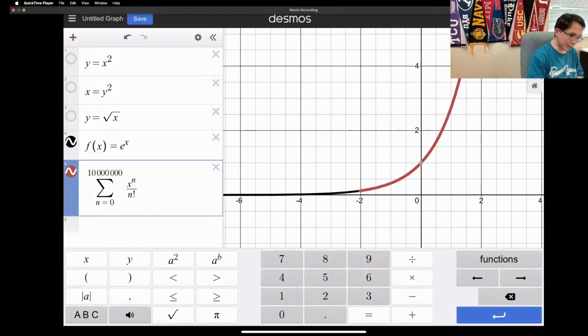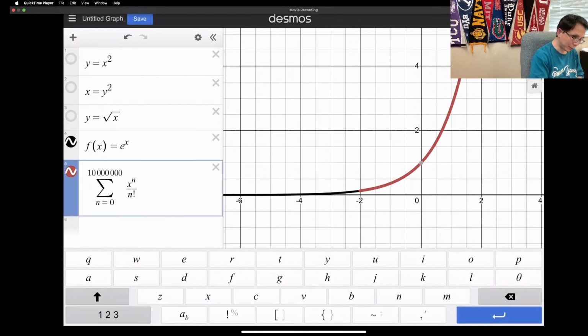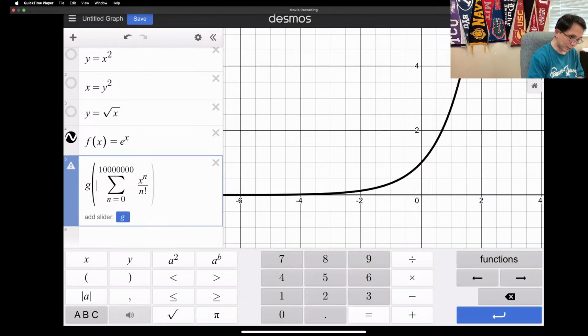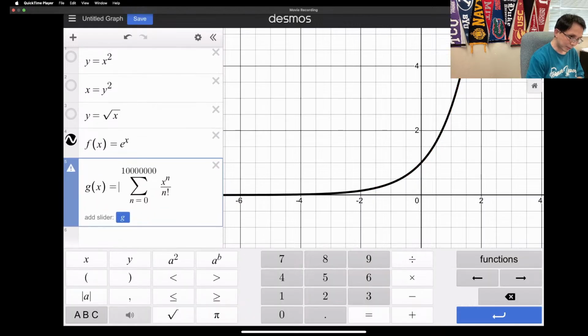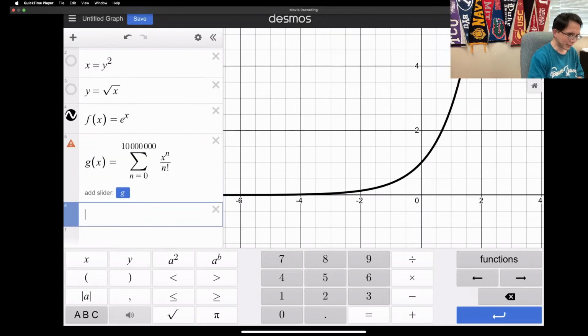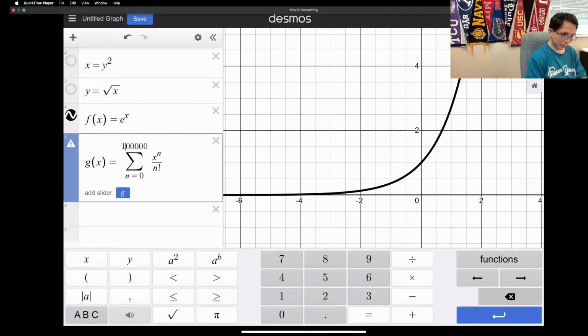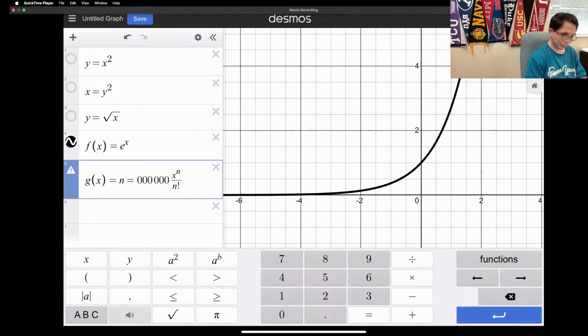And we can say this is equal to g. Can we define this as g of x? G of x is equal to this, right? Wait, why do I need a slider for g? You put it to 10 million. Oops.